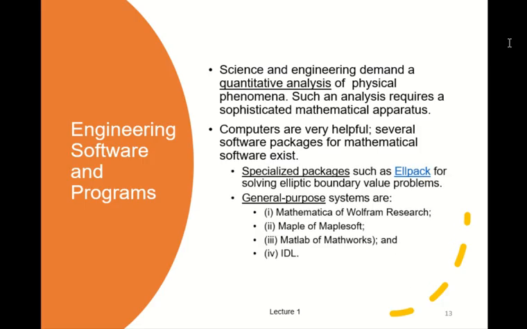I gave you examples of some of the software which we use. They can be general purpose or specialized software. For general purpose, for example, you have taken 103 before, so which software were we using? MATLAB, right? Is MATLAB general purpose or specialized? It's general purpose. Electrical engineers use it, mechanical engineers use it, everybody is using it.